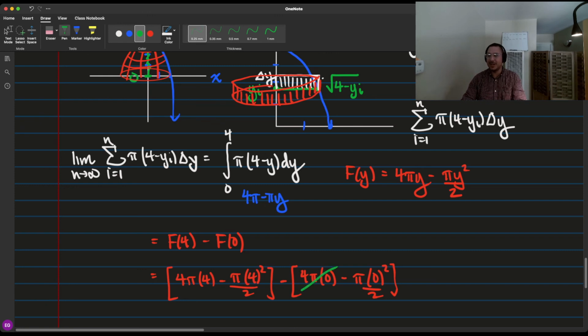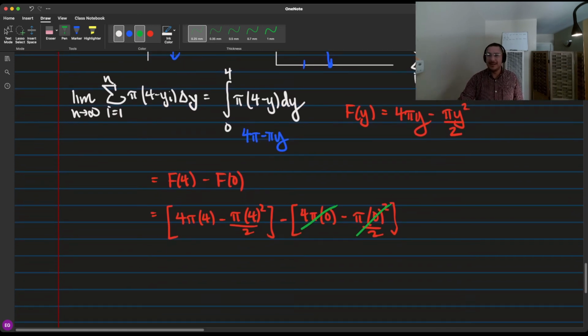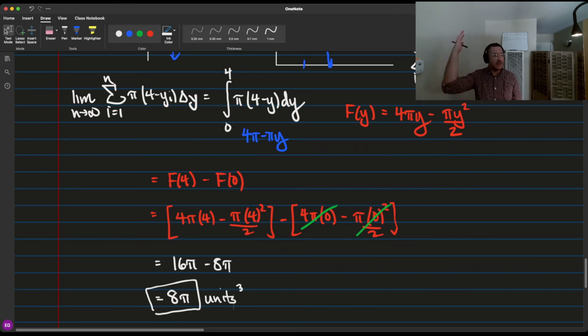All those things cancel. So what are we going to get? 16 pi minus 16 pi over 2 will be 8 pi. Wow, it just becomes 8 pi. Boom. So apparently, the volume of that thing is 8 pi units cubed, whatever the units are.